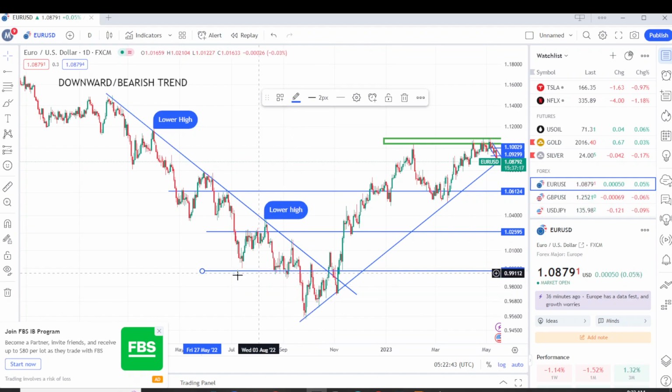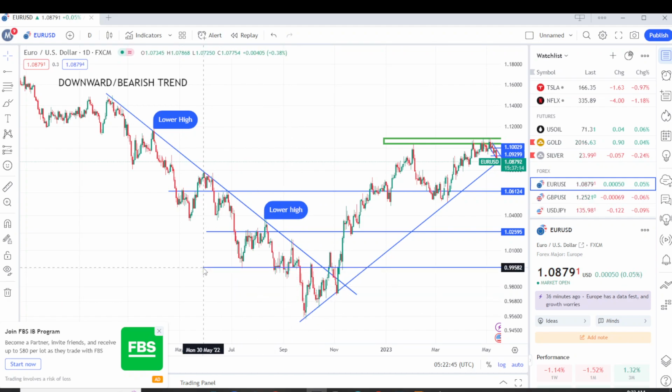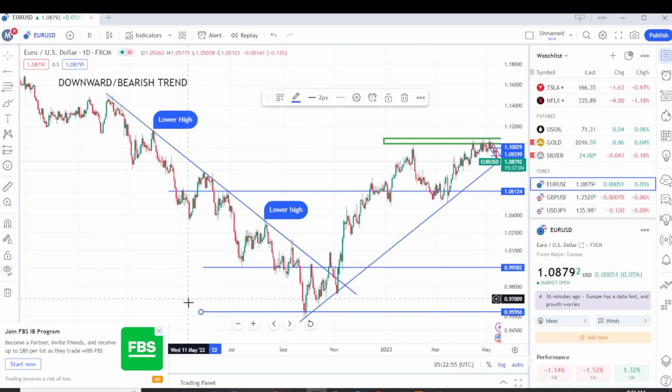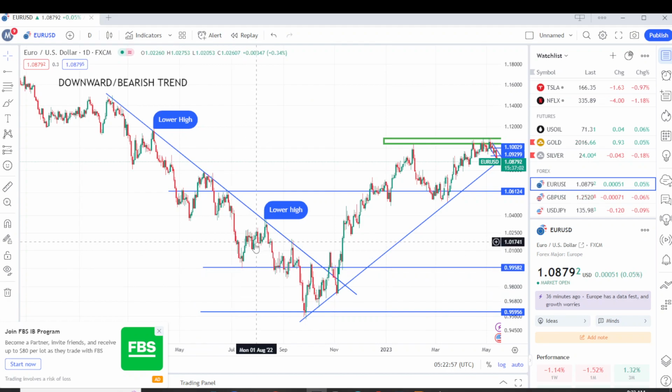Still, even if you enter your trade at this point, after the close of this red candlestick, you'll make a big profit downward up to this level here, and you risk only up to this level here. So you will realize that you have made much profit.